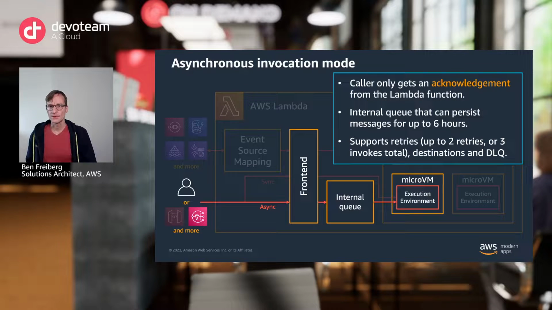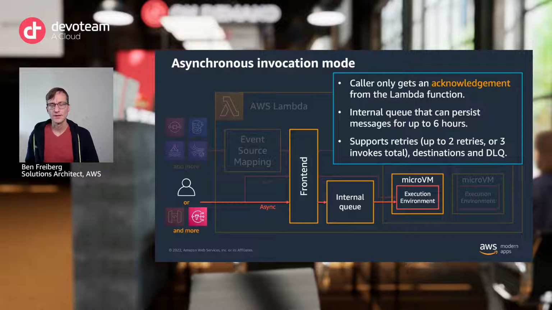On the other hand, for an asynchronous request, the front end, after validating, puts the request inside an internal queue and immediately returns a success to the caller, which in that case only means that the request has been successfully accepted, not executed yet. Another process then reads these events from the queue and calls the corresponding function.